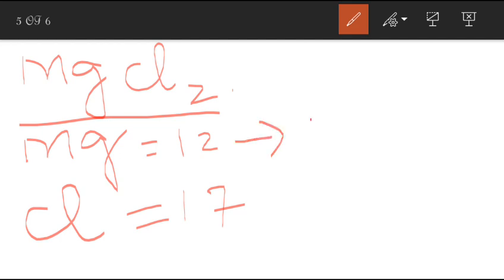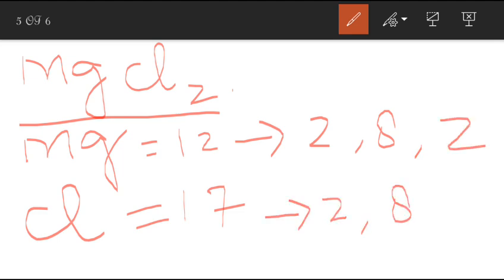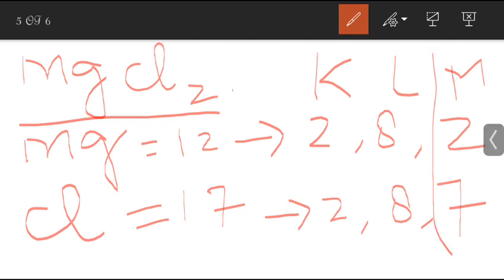Its electronic configuration is 2, 8 and 2. Chlorine, you know, its electronic configuration is 2, 8 and 7. K, L and M shell. So this is their valence shell. Magnesium contains 2 electrons in its valence shell and chlorine contains 7 electrons in its valence shell. Magnesium is short of 6 electrons and chlorine is short of only 1 electron.